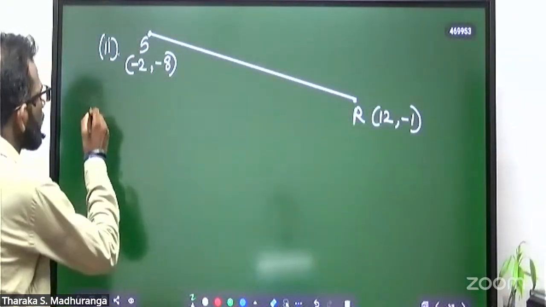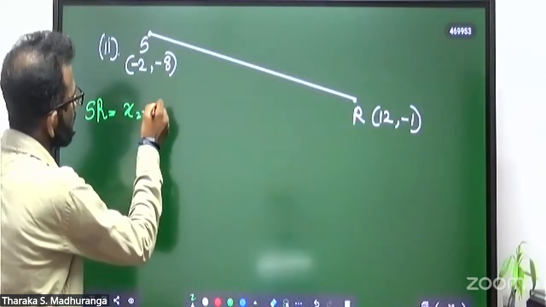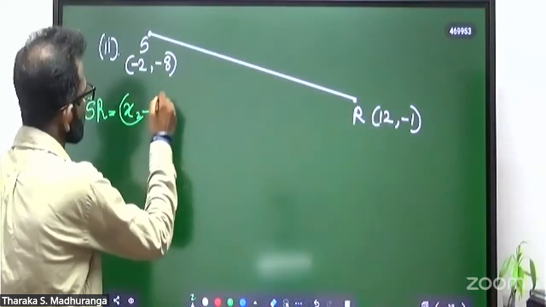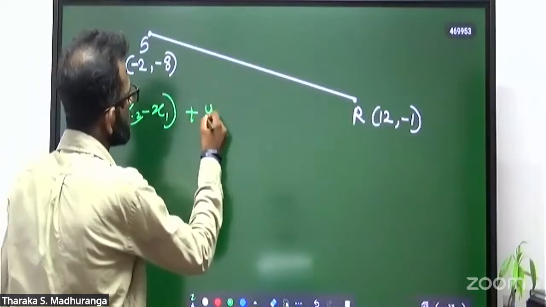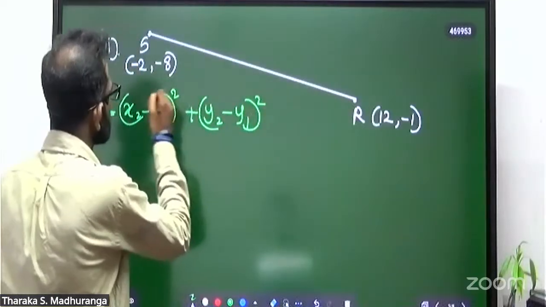The S and R: the square root of x2 minus x1 squared plus y2 minus y1 squared.